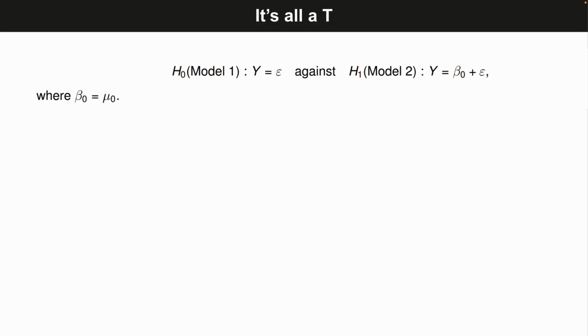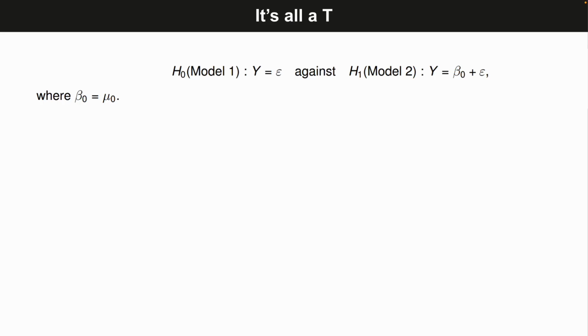What do we know about beta naught? Okay, this is just algebra. Now my question is, is beta naught equal to mu naught? How do we do that test? That's a hypothesis, right?